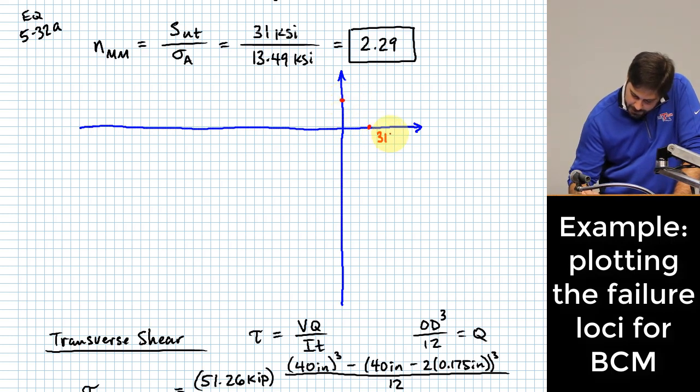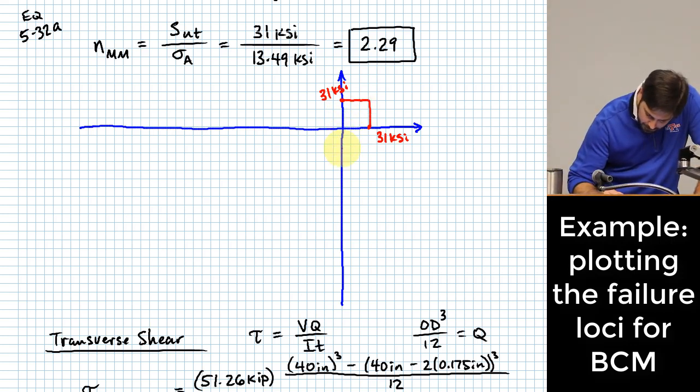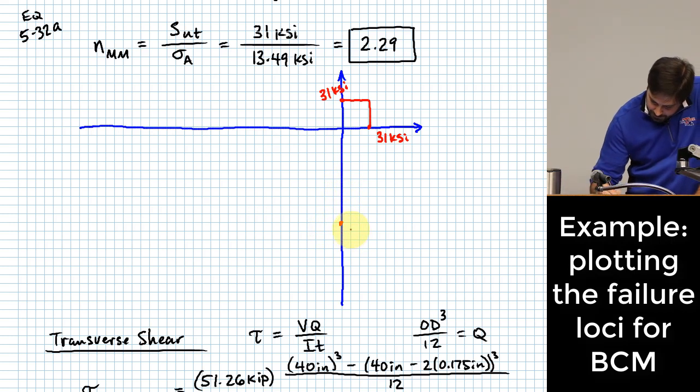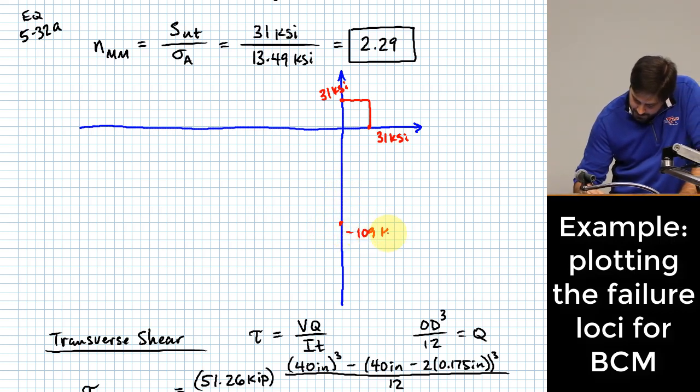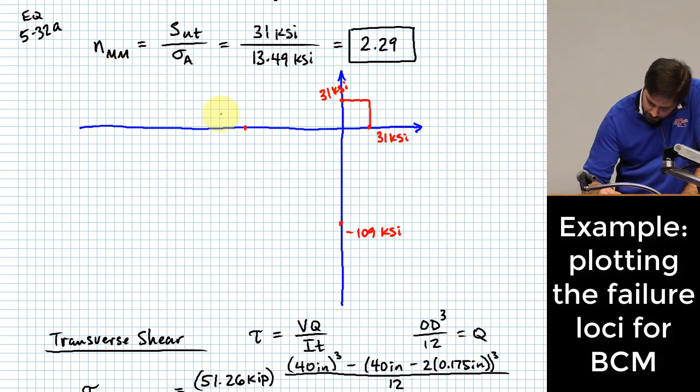So I have 31 ksi and 31 ksi, and then down here roughly negative 109 ksi and negative 109 ksi.